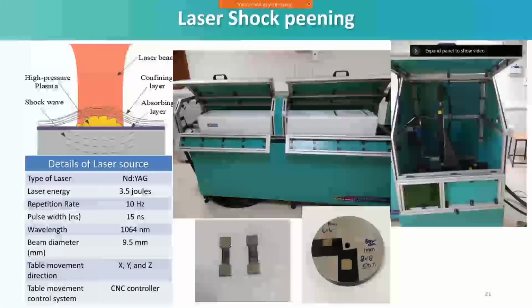And this laser shock peening is more about improving the fatigue property or the fretting resistance of a material. For that also we have a very unique system for shock peening, and this is a 3.5 joule, 10 hertz laser.